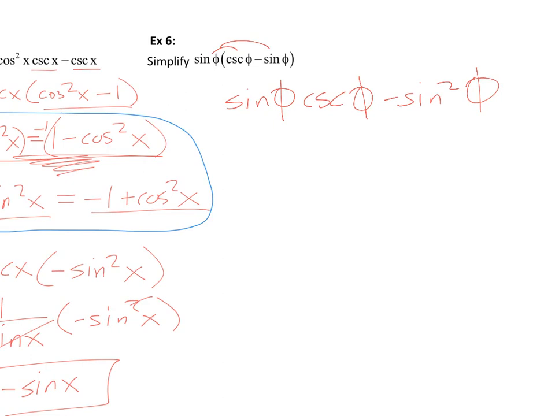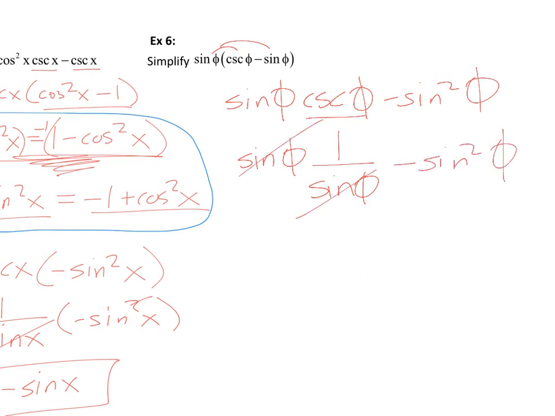A lot of new Greek letters are going to come up in this chapter. So what's the next thing I can do? Well, I can apply the reciprocal identity to that function. So these cancel out. I'm left with 1 minus sine squared phi.